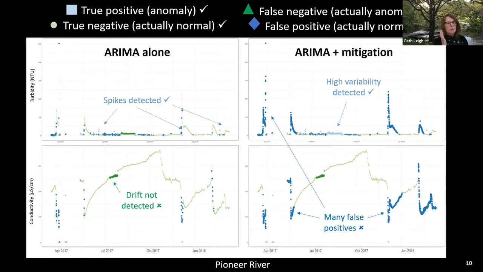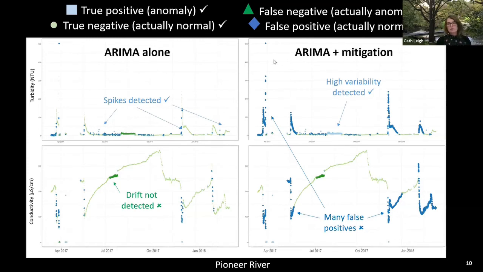Now, looking at true positives, true negatives, false negatives, and false positives, we can see some key patterns and take-home messages. With ARIMA alone, we're finding really good detection of sudden spikes, whether these be small sudden spikes, negative sudden spikes, or some large ones, although not all of the large ones, unfortunately, in this particular case study.